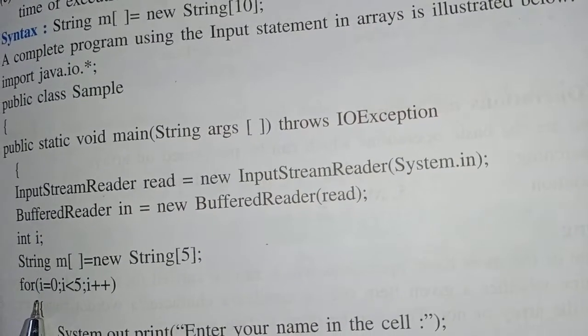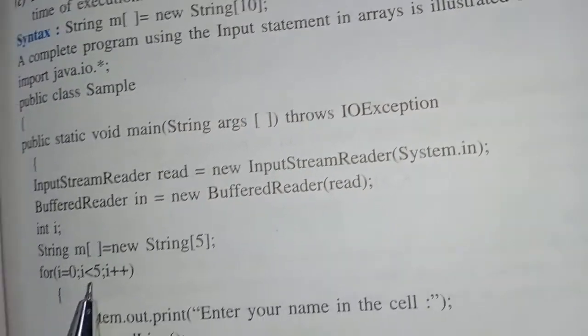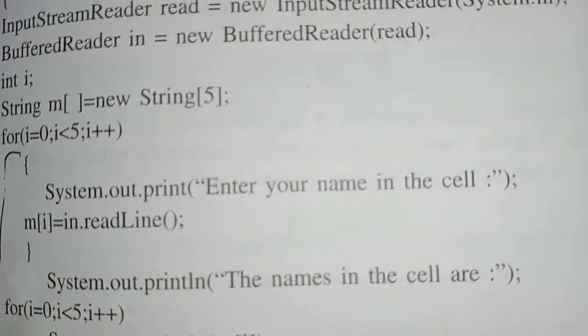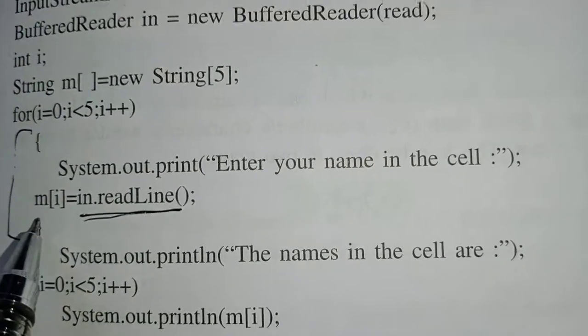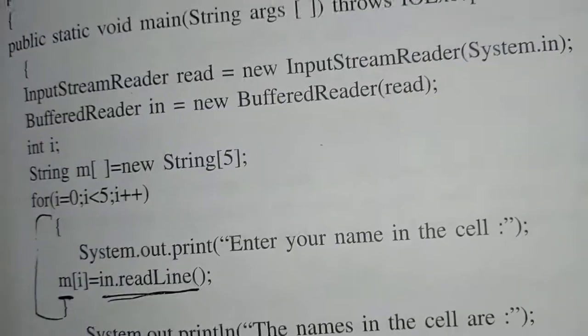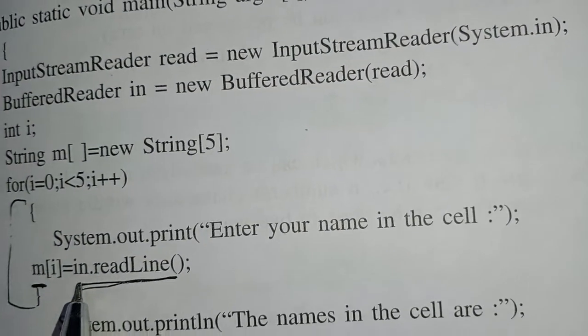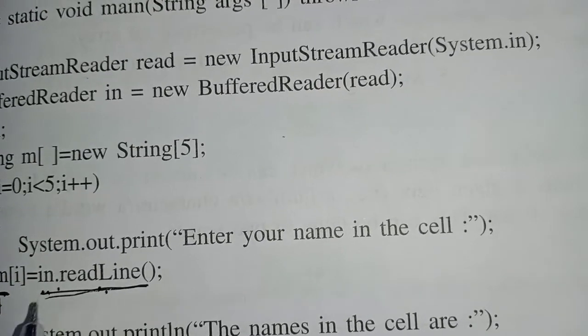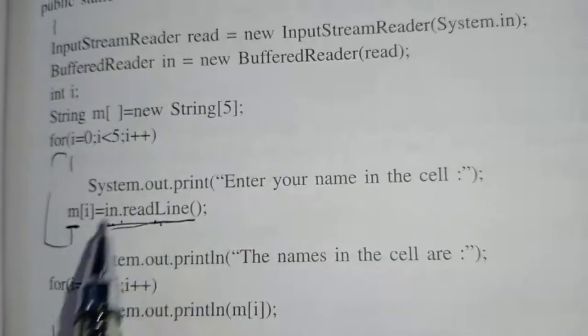The for loop will work from 0 to less than 5. With the first for loop we will accept the values one by one in array m. For accepting a string, we have one method, dot readLine. It will accept one by one.